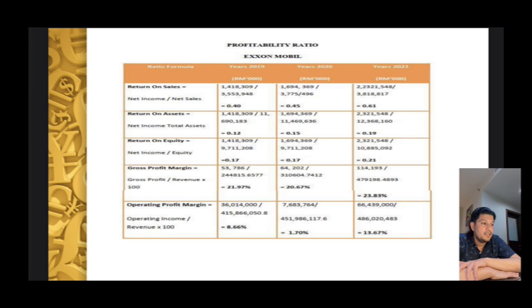And the return on asset, net income over total assets, is 0.12 for 2019, and for 2020 is 0.15, and for 2021 is 0.19.